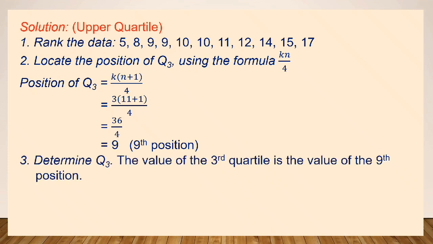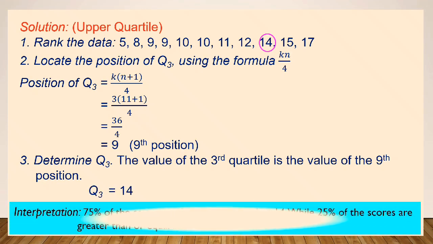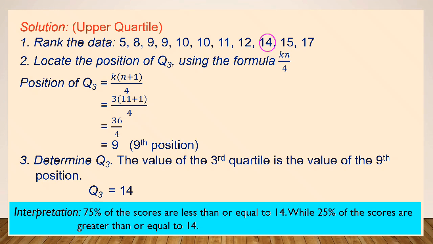The third quartile is the value of the ninth position, and that is equal to 14. By interpretation, 75% of the scores are less than or equal to 14, while 25% of the scores are greater than or equal to 14.